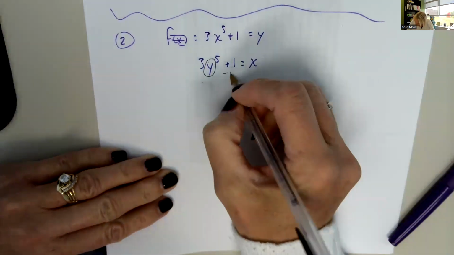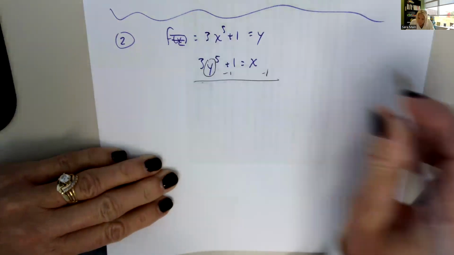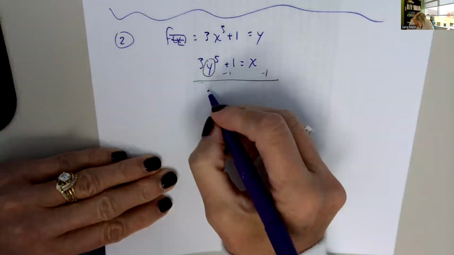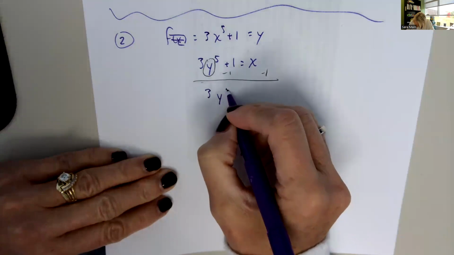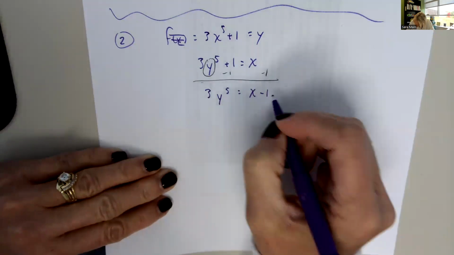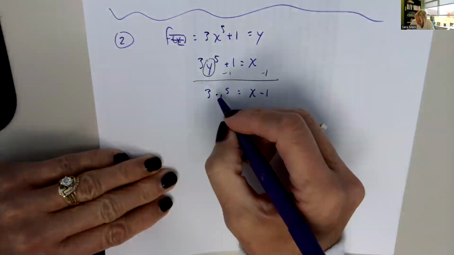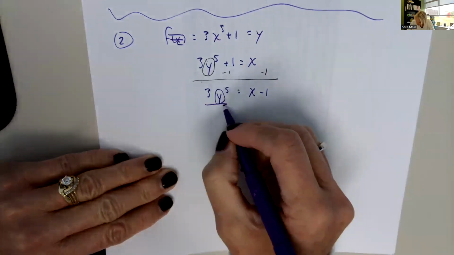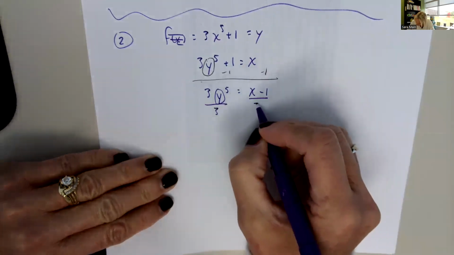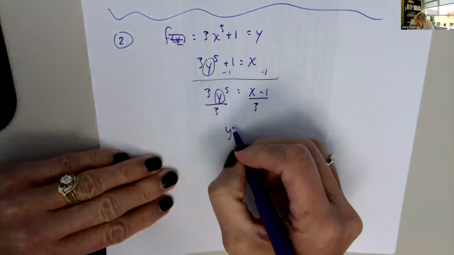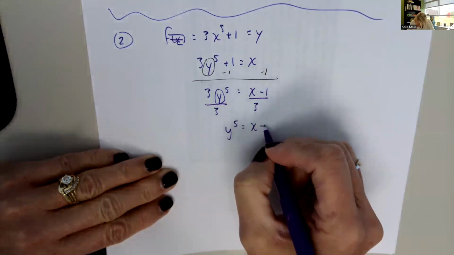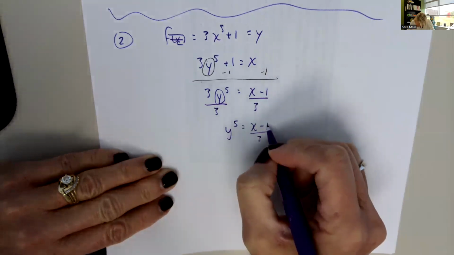And so to do that, I'm going to subtract 1 from both sides. So we'll have 3y to the 5th equals x minus 1. And I'm still trying to solve for y, so I'm going to divide by 3. So we have y to the 5th equals x minus 1 divided by 3.